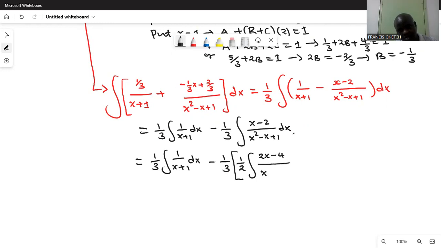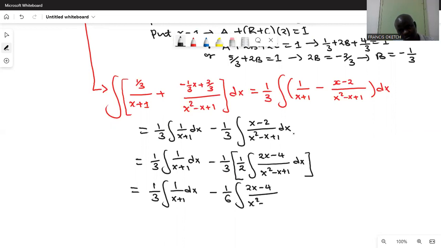Then over x squared minus x plus 1 dx. So this you can also write as 1 over 3, the integral of 1 over x plus 1 dx, minus, so that will now give us 1 over 6, the integral of 2x minus 4 over x squared minus x plus 1 dx. I've just opened the bracket.